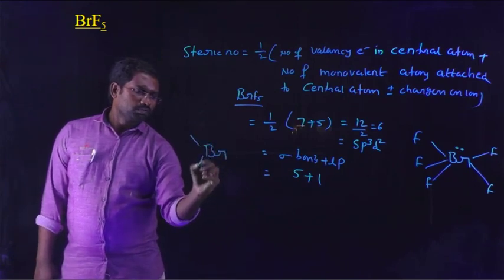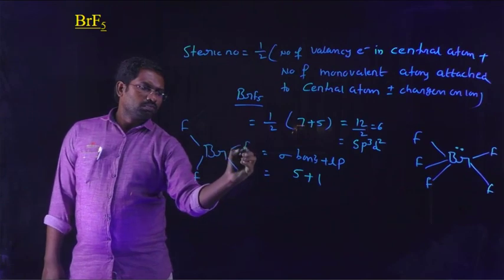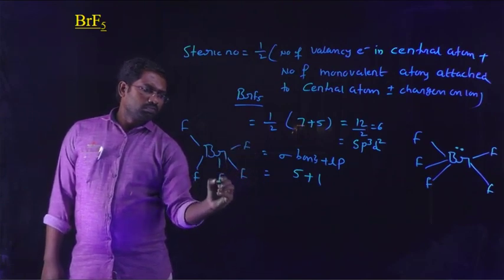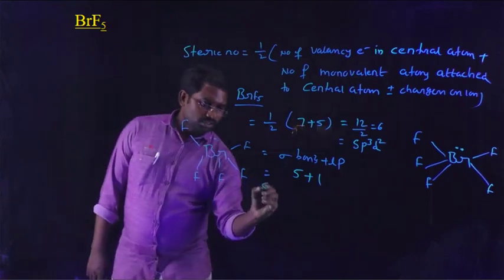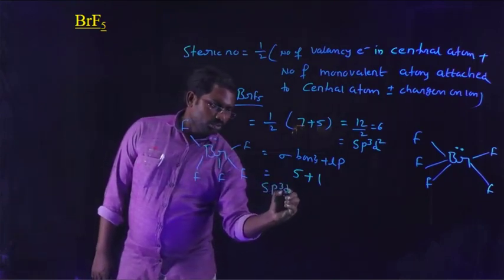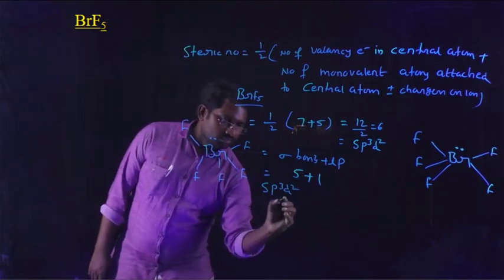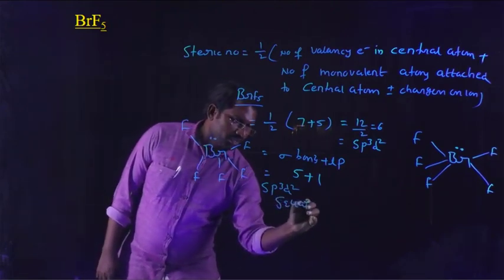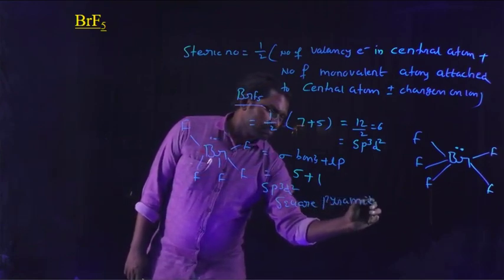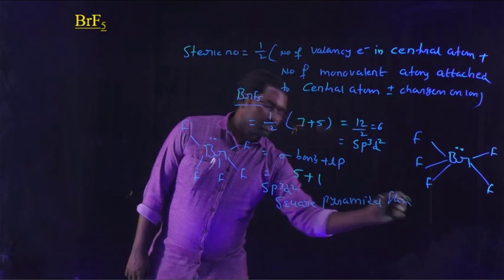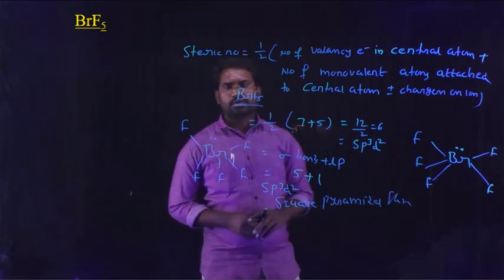BrF5 contains 1 lone pair. So sp3d2 hybridization, and the shape is square pyramidal. So this is about the structure of BrF5.